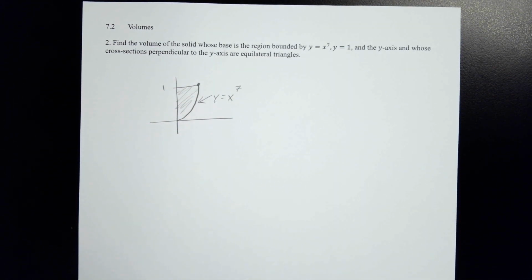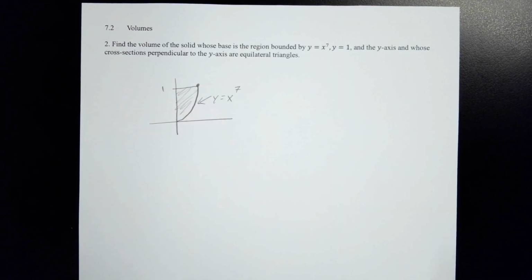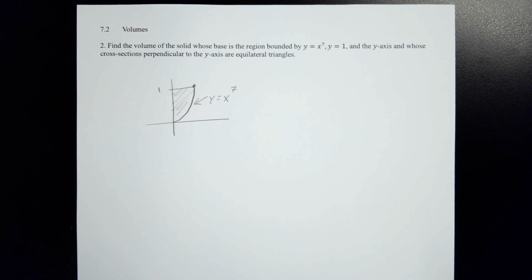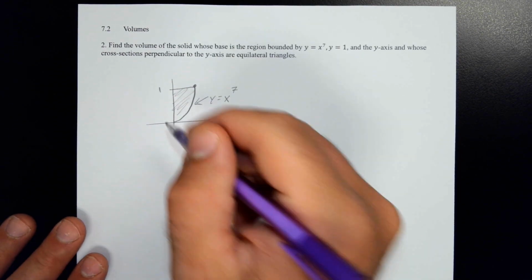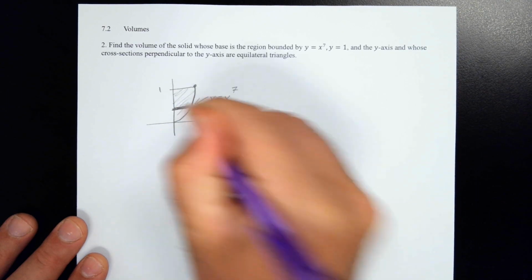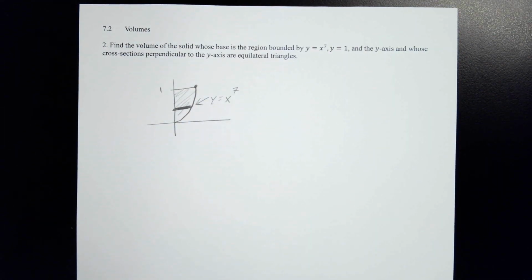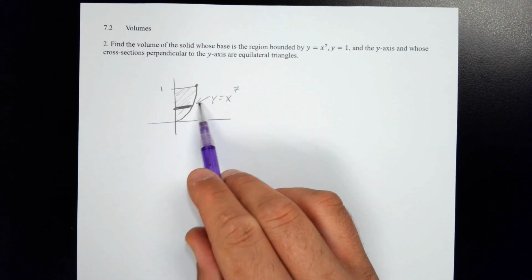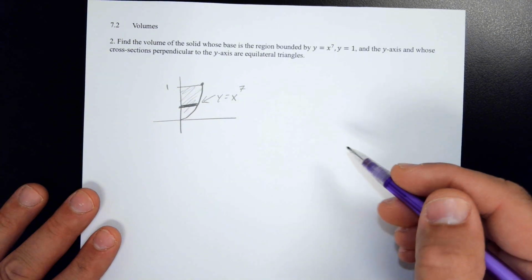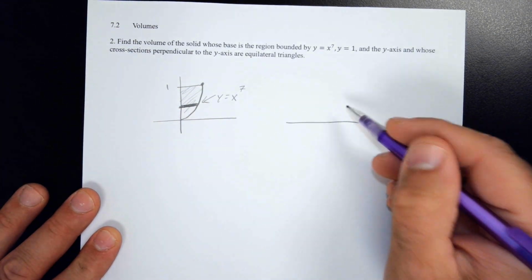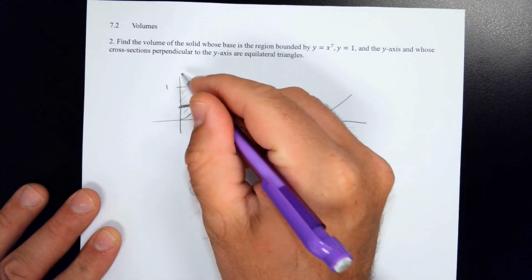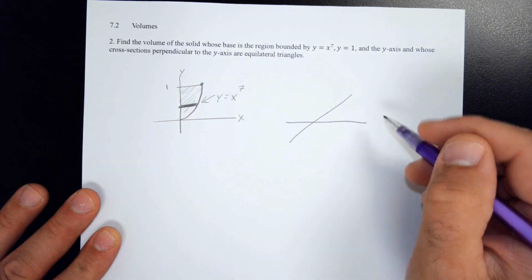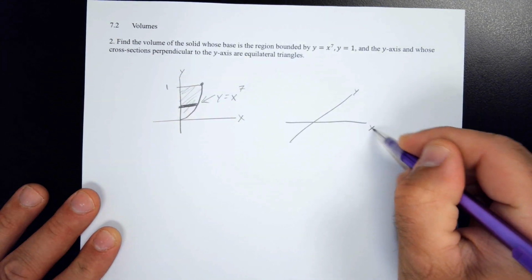Now, what we're going to do is think of each of the cross-sections perpendicular to the y-axis. So here is a cross-section that's perpendicular to the y-axis. That should be an equilateral triangle. So you imagine a triangle coming up from right here. Let's see if I can sketch this in a three-dimensional way, where this is the y-axis and this is the x-axis.